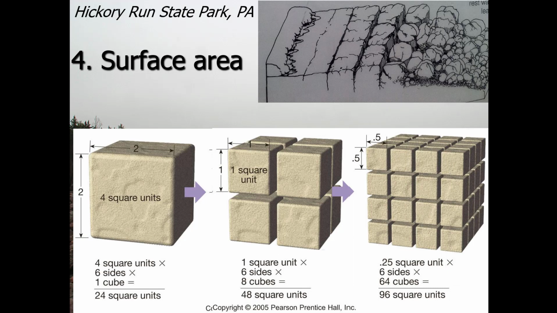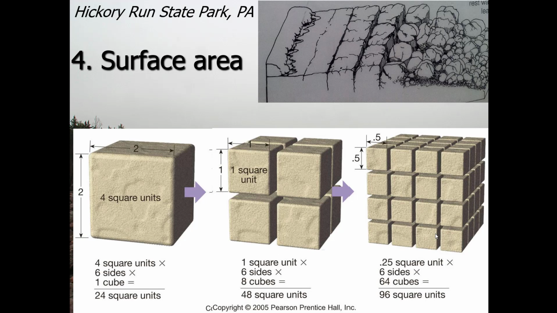And the smaller the cubes you break down into, the larger the surface area. And the larger the surface area, that means that water can react with all 6 sides of all 64 of these cubes. So those are the 4 big factors that influence the velocity of weathering, really, the rate of weathering.